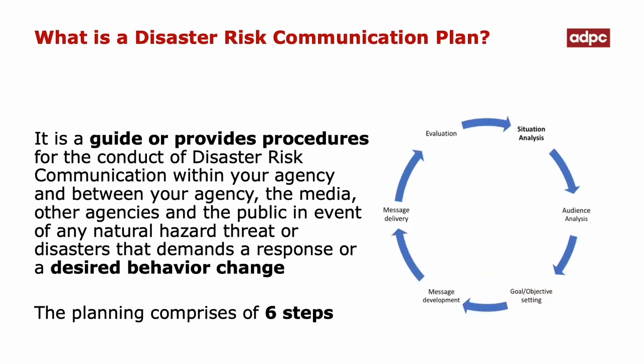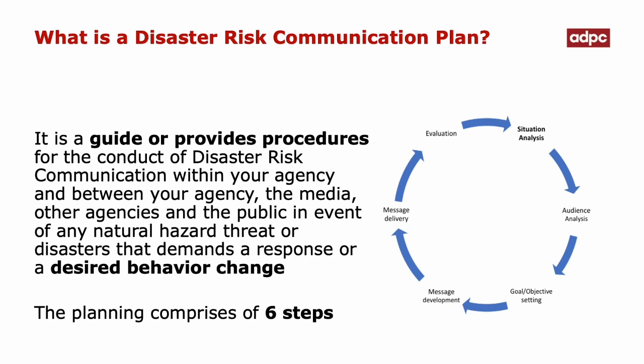A disaster risk communication plan provides guides and procedures for the conduct of disaster risk communication within your agency and between your agency, the media, other agencies, and the public in the event of any natural hazard threat or natural hazard induced disaster or controversial issues that demand a response or a desired behavior change.